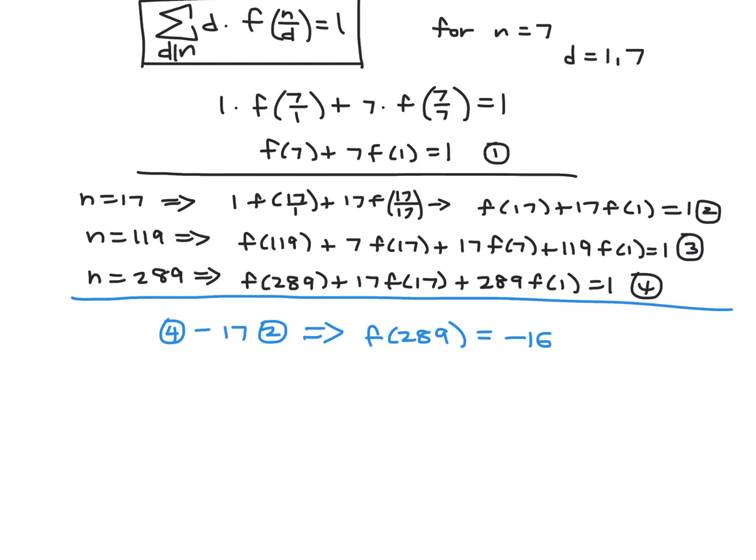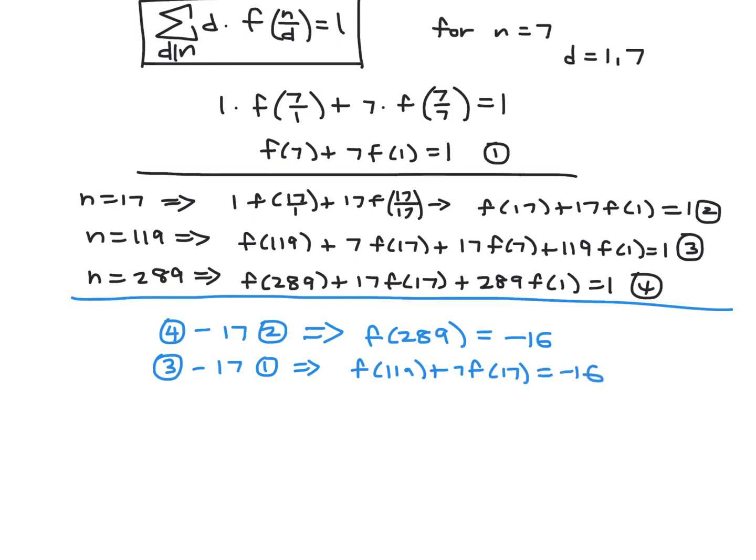So 17 times 2, yeah. And manipulating these equations again, if we take 3 and subtract from it 17 times equation 1, we will get f at 119 plus 7 times f at 17, again equals minus 16.